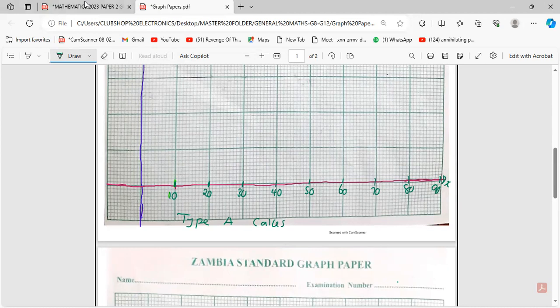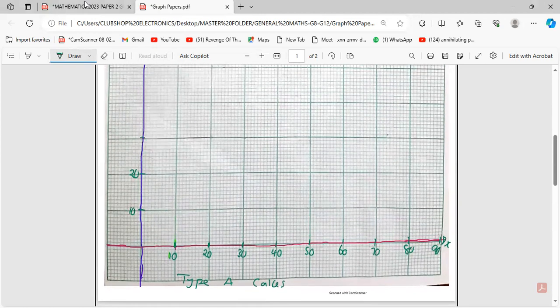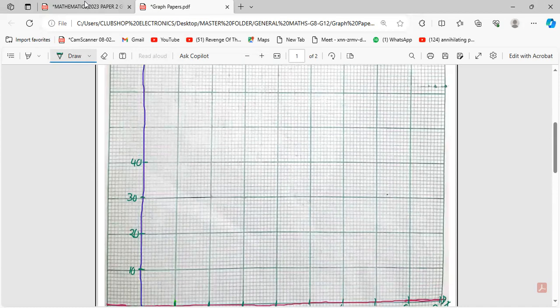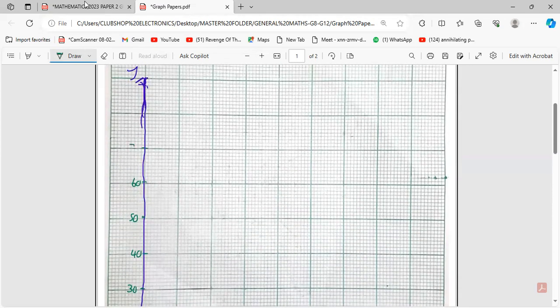Then we have 10, 20 on this side all the way up to 90: 30, 40, 50, 60, 70, 80, and 90 here.